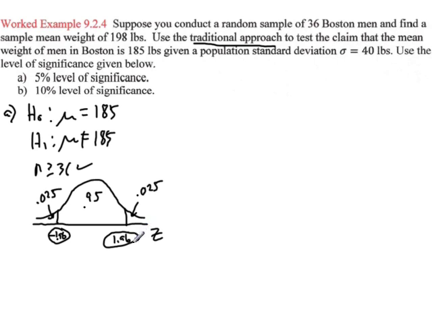And now what we're going to do is take our test statistic 198 and transfer that into a z-score. And we know just how to do this. It's 198 minus 185 divided by the standard deviation, which is 40, and divided by the square root of n, which is 36.